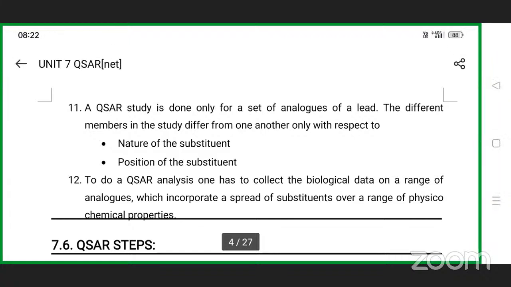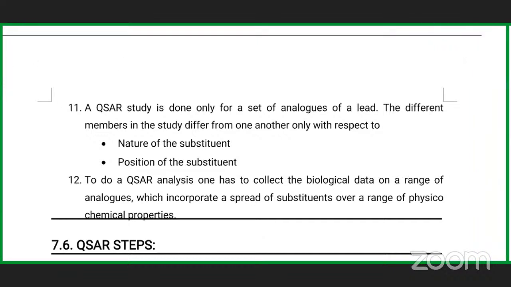And the last one is a QSR study is done only for a set of analogs of a lead, and different members in this study differ from one another with respect to the nature of the substituent and the position of the substituent. So generally, we won't apply the QSR technique for a single molecule.